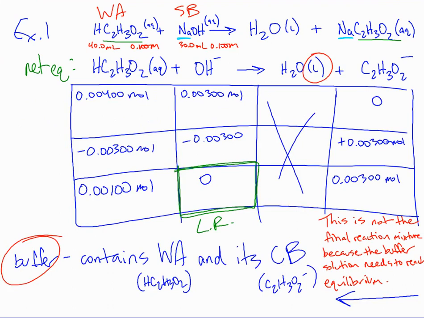Step two, use stoichiometry to describe the reaction mixture when it's at completion. But then step three, use concentrations for the equilibrium step. So in example 2, we're going to start talking about these equilibrium steps. Is everybody good so far?